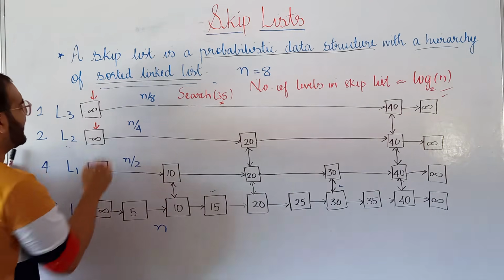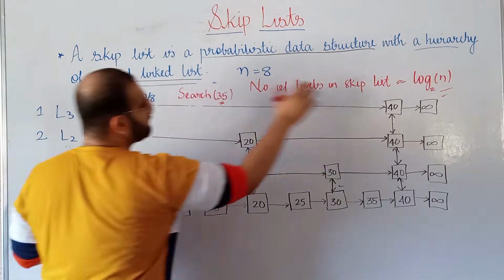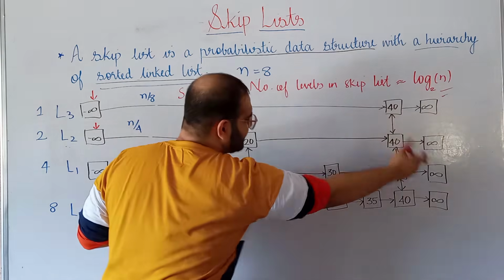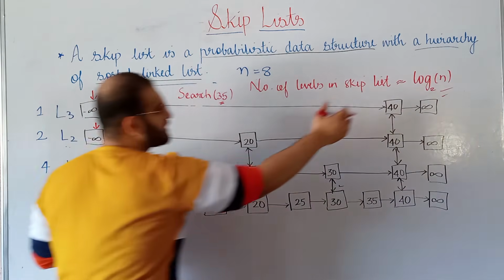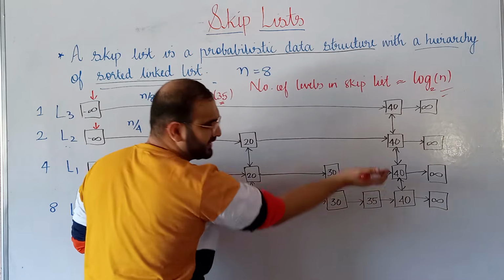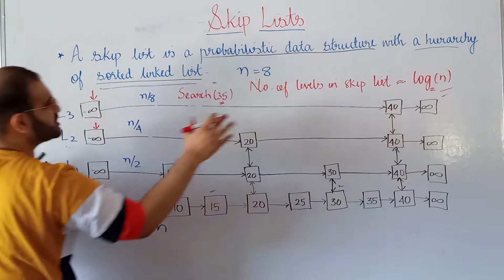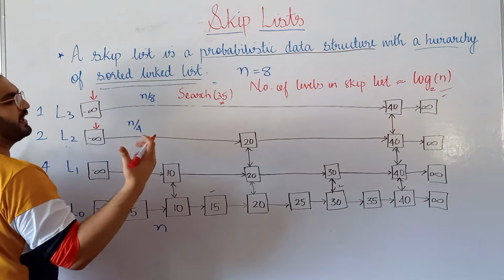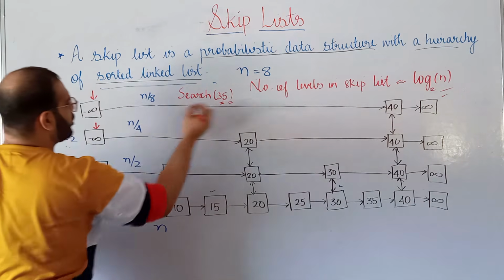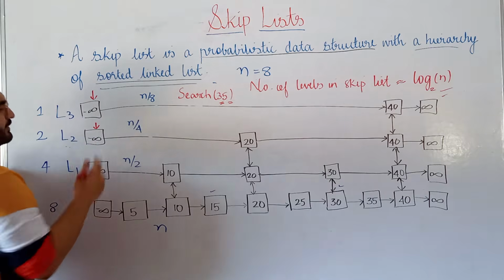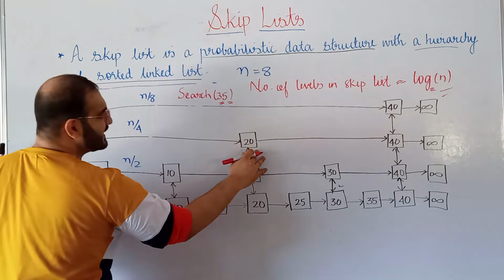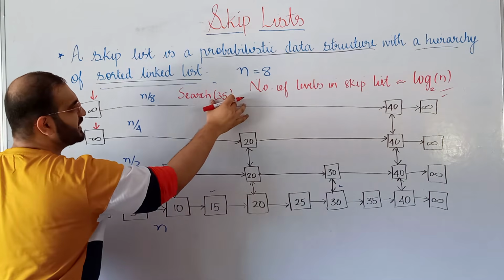So we will come to L2 because over here when we look at the next node, it has value 40. If we suppose we come to 40, then we don't have a way to go back to 35, right? So we will always ensure that if the next node has a greater value than the value we are searching for, we go down. Again we look at this node. Is 20 greater than 35?